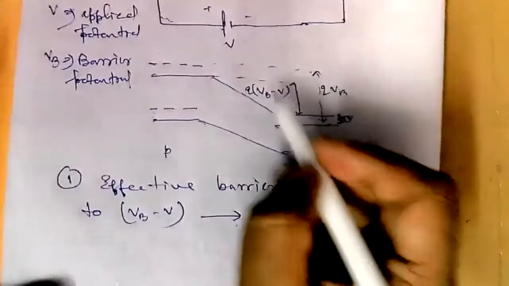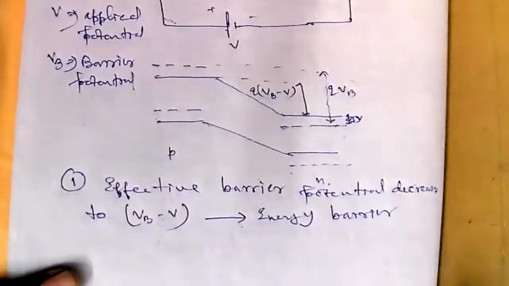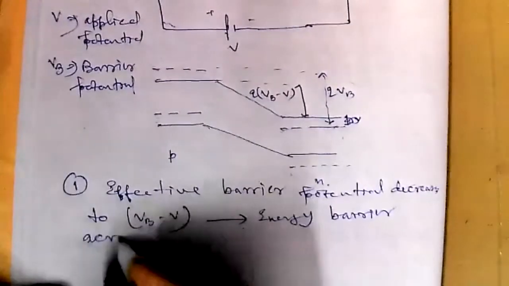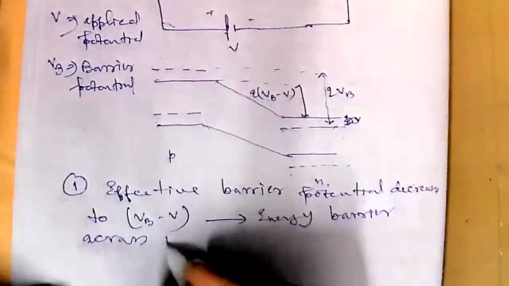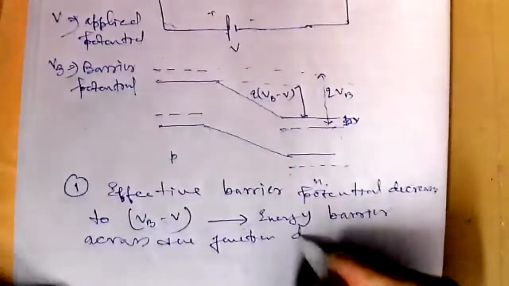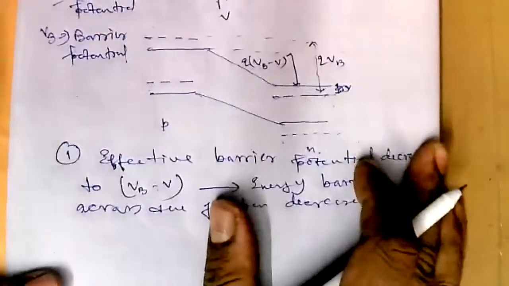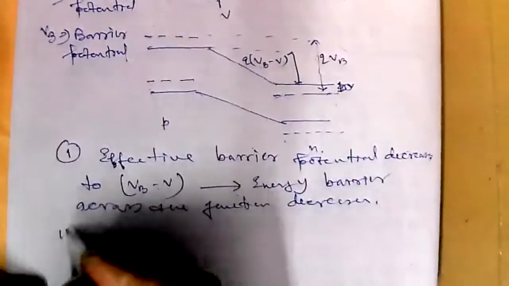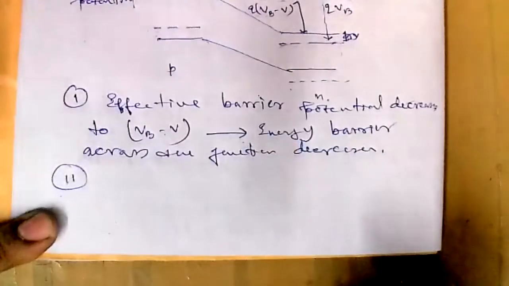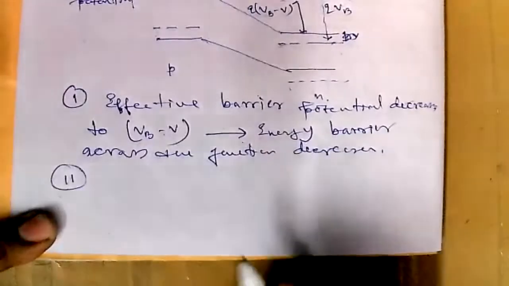So there will be reduction of the barrier potential, and hence barrier energy will also reduce across the junction. So what will happen? Due to reduction of this barrier potential, the majority charge carriers, that means holes from P side and electrons from N side, begin to flow towards the junction.